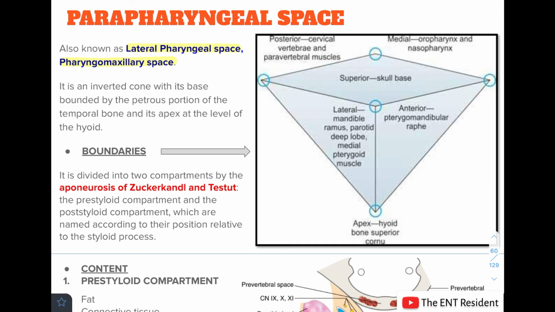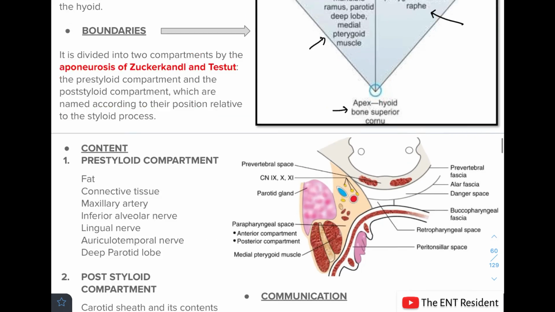Superiorly it is limited by the skull base. Inferiorly it forms the apex at the hyoid bone. Posteriorly it is lined by cervical vertebra and the paravertebral muscle. Anteriorly by the pterygomandibular raphe. Laterally by the mandibular ramus, parotid deep lobe, medial pterygoid muscle, and medially by the oropharynx and the nasopharynx.